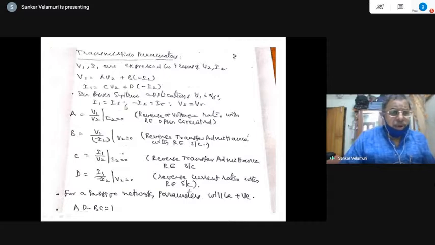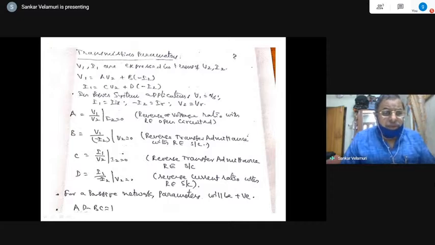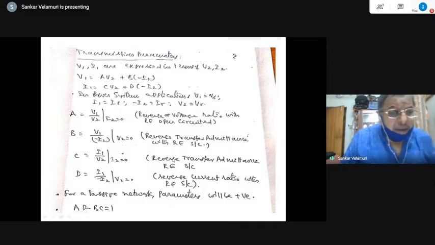This you are already aware of, you might have studied it not only in circuit theory, but also in power system applications for finding the ABCD parameters of short lines, medium lines, and long lines, comparing the corresponding quotients. Always AD minus BC has to satisfy equal to 1. For medium and long lines, you have to use the T or pi network, and for short lines, there is no need.